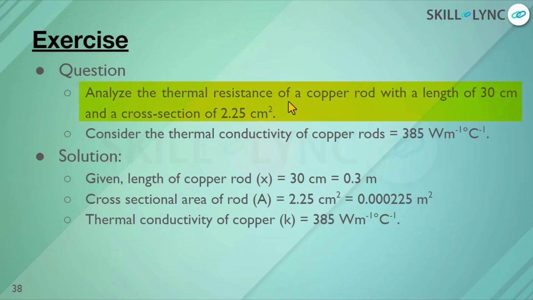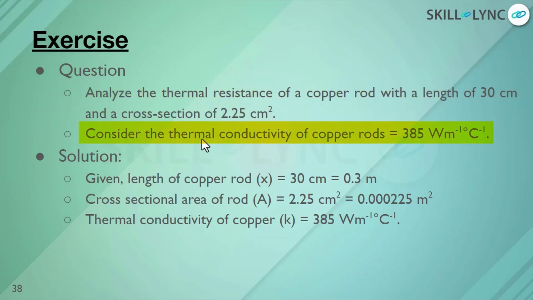Analyze the thermal resistance of a copper rod with a length of 30 centimeters and a cross section of 2.25 centimeter square. Consider the thermal conductivity of the copper rod equal to 385 watt per meter per degree Celsius.